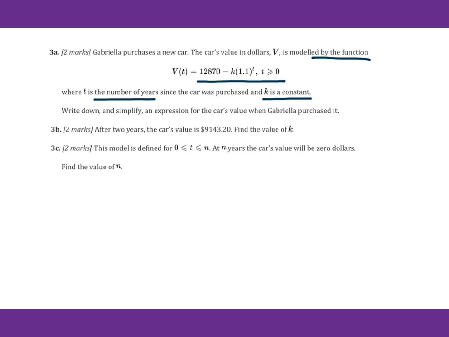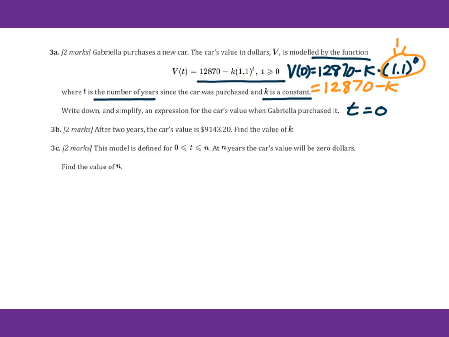When Gabriela purchased it, which means t equals 0. Therefore, V of 0 equals 12870 minus k times 1.1 to the 0 power. Any number to the 0 power equals 1. Therefore, you will have 12870 minus k. This is the solution to 3A.